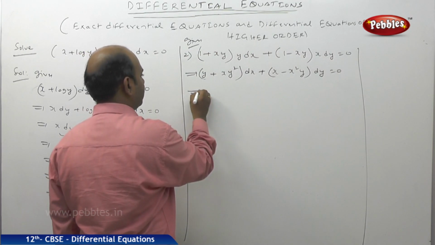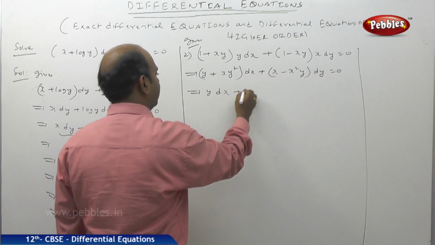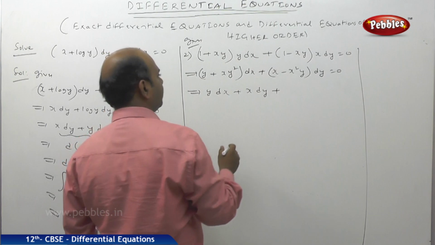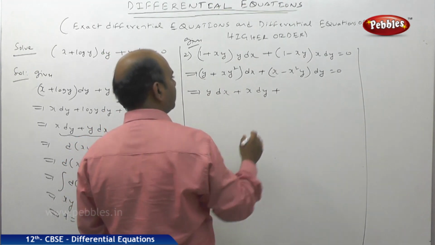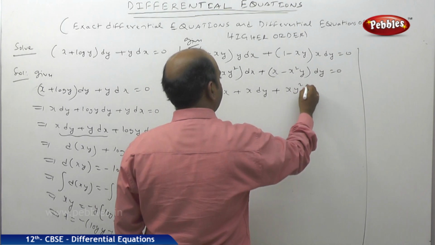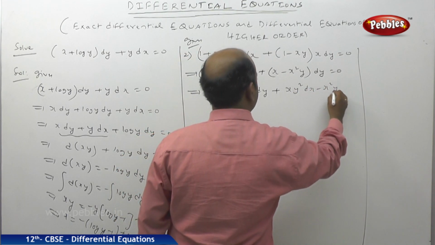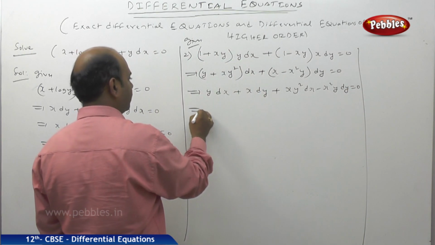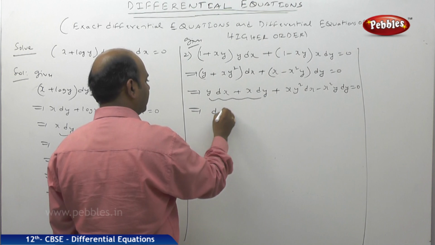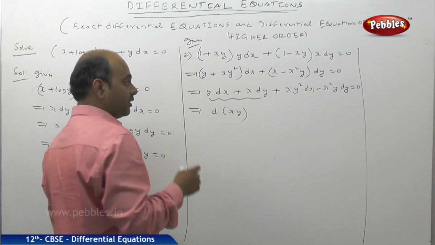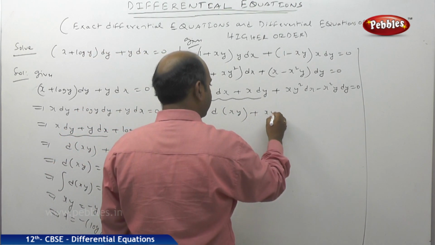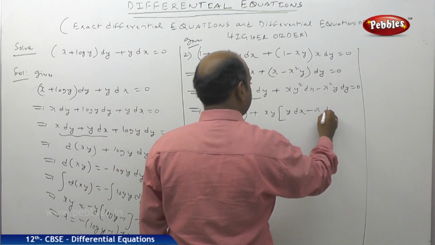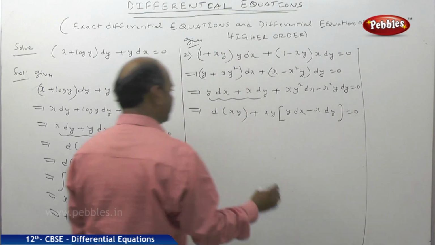Later that implies y dx plus x dy, and here if you observe carefully, xy square dx minus x square y dy equal to 0. So this I can write as d of xy by the result, and from here I can take xy common. If I take xy common, what am I getting? y dx minus x dy equal to 0.